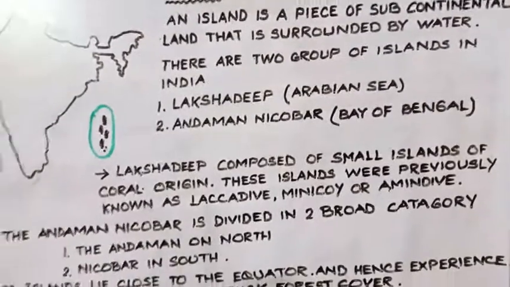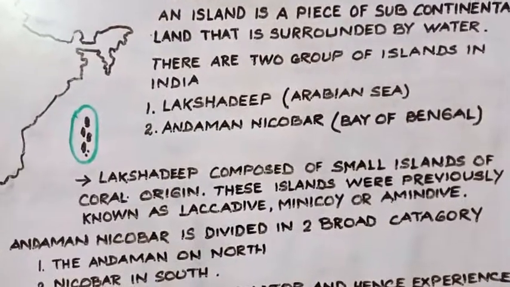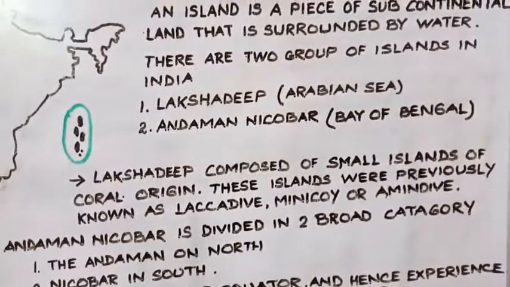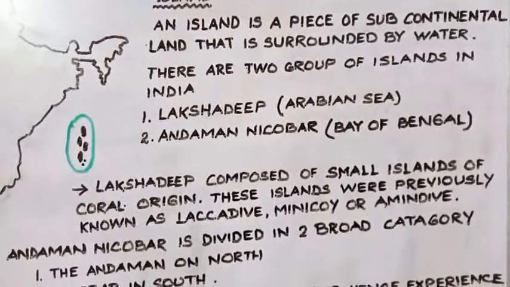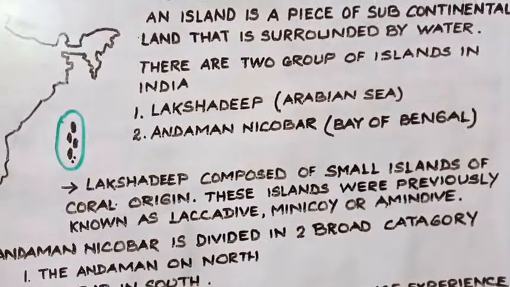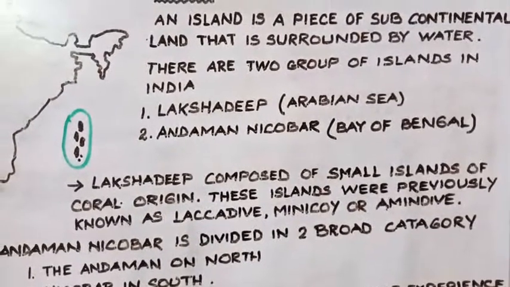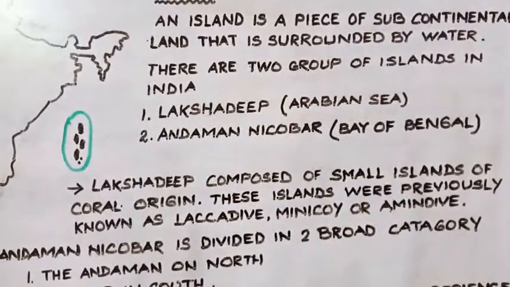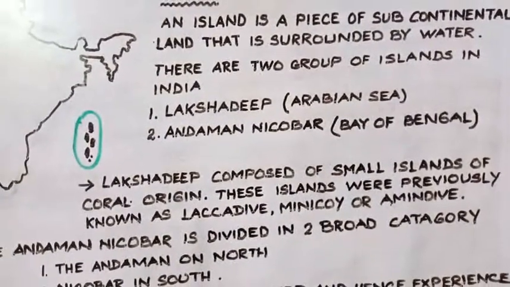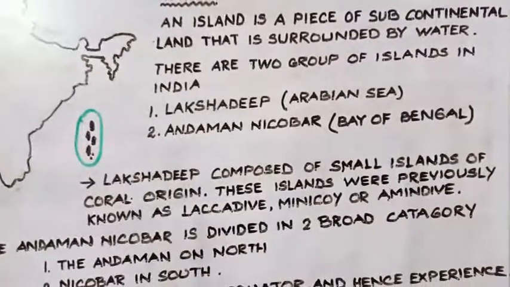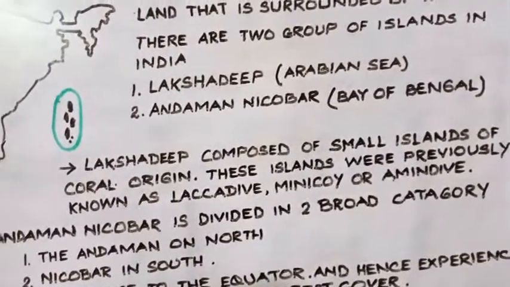So now let's learn a few things about Lakshadweep. Lakshadweep comprises small islands of coral origin. Now, the name Lakshadweep means lakhs of islands, and these small islands are formed due to coral.